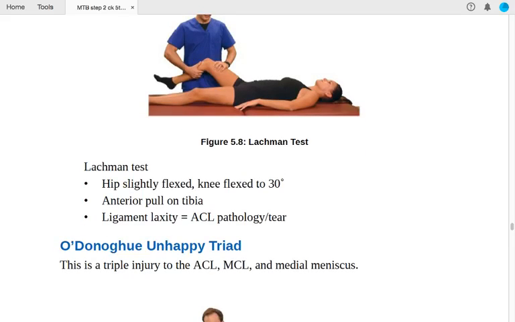Lachman test: you have already seen this test on video. The hip is slightly flexed, the knee flexed to 30 degrees, with an anterior pull on the tibia. If there is ligament laxity, that is because of anterior cruciate ligament pathology or anterior cruciate ligament tear.